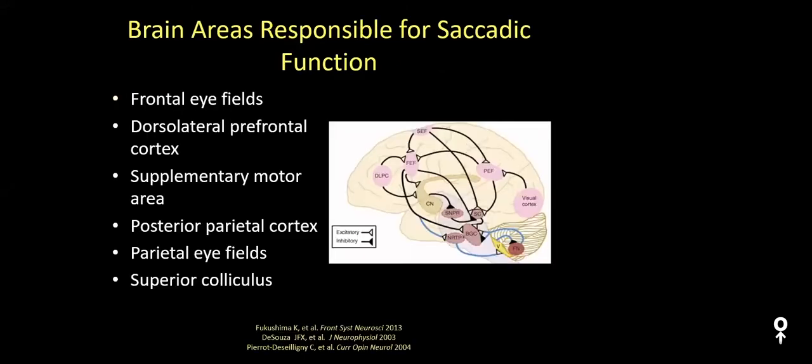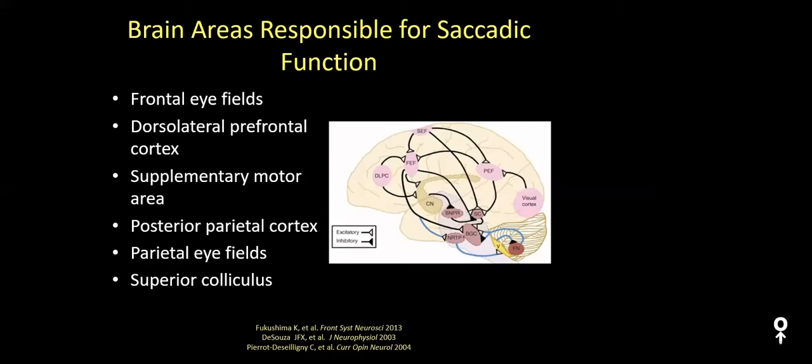Now, saccades are particularly interesting in the setting of concussion because in order for an individual to go from object to object very precisely, very accurately, it requires many areas of the brain to be functioning, not just properly, but to be functioning in coordination with other higher brain centers, and then feed down to the individual muscles. We call these extraocular muscles that are responsible for the eyes moving left, right, up, and down.